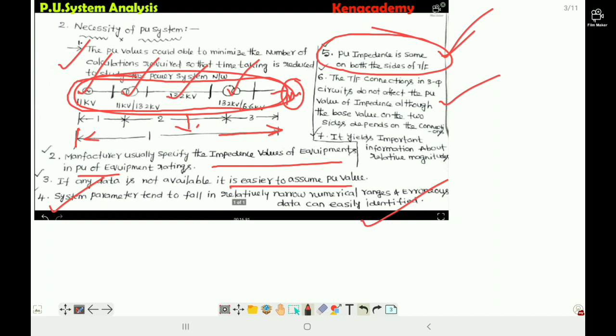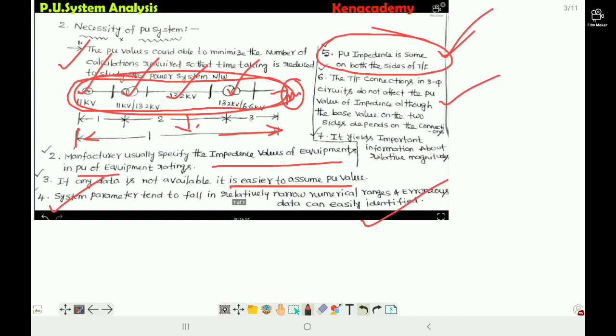Clear? Understand. This is one of the theory concepts. Those preparing for engineering service exams may expect a descriptive question like this: what is the necessity of the per unit system? Write down all these points. That is enough. We may expect a question like this also: what is the difference between the absolute system and the per unit system?